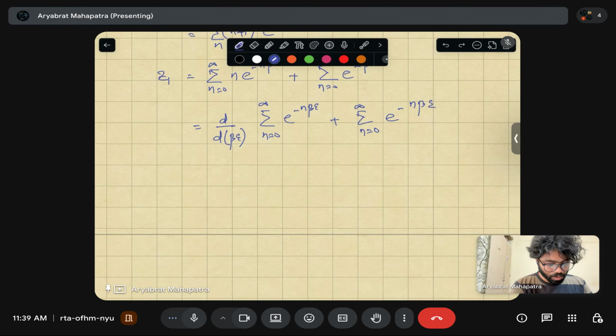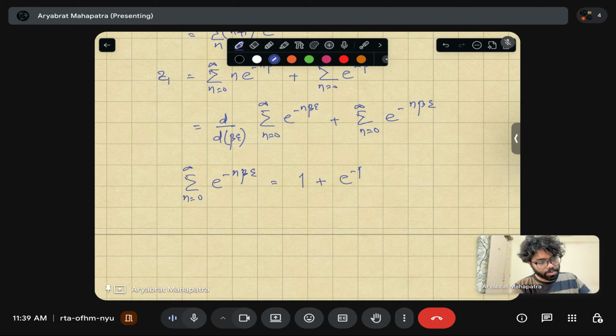So this summation term can be written as 1 plus exponential beta epsilon plus exponential 2 beta epsilon, and likewise it goes.